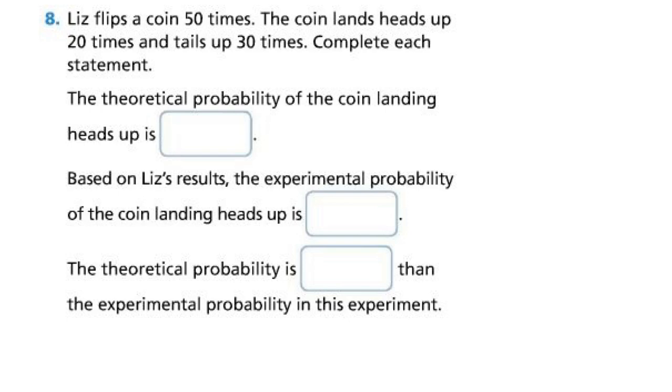Now, theoretical probability is based on what you have with the coin, so it's what should happen. And a coin landing heads up should be 1 out of 2, half of the time, or 50%. So we should get 50-50, half heads, half tails.